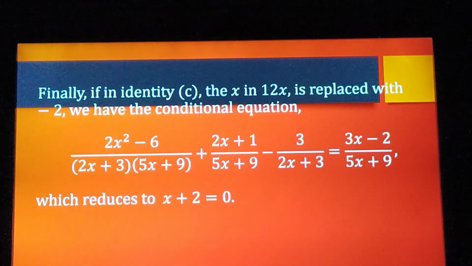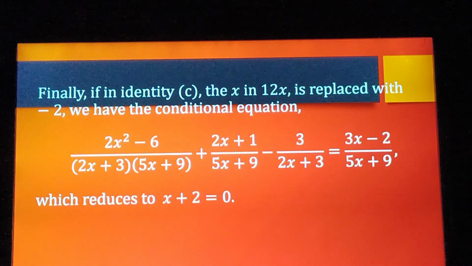And finally, if in identity C, the x in 12x is replaced with -2, we have the conditional equation with 2x squared minus 6 in the numerator for the first fraction, because originally it was 12x plus 18.